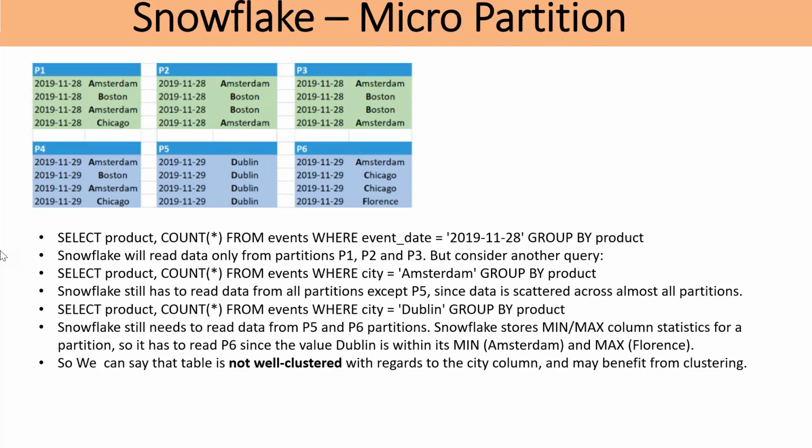Only one partition. No, it has to scan two partitions, because when you look at the range of this one, min and max is D only, Dublin. If you look at the P6 partition, the min is A and max is F. That means Dublin might fall into A to F, right? It scans two partitions, prunes the others, and gets you the data from P5 and P6.